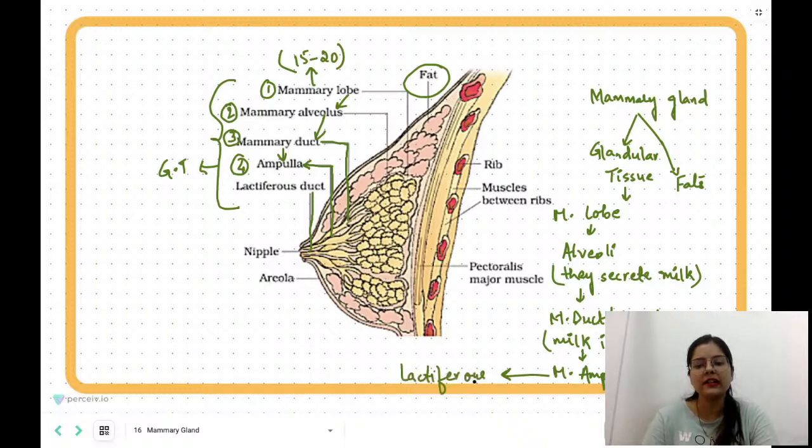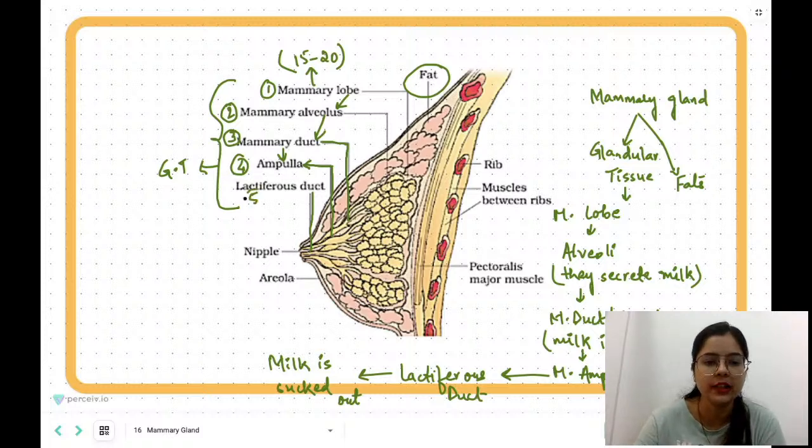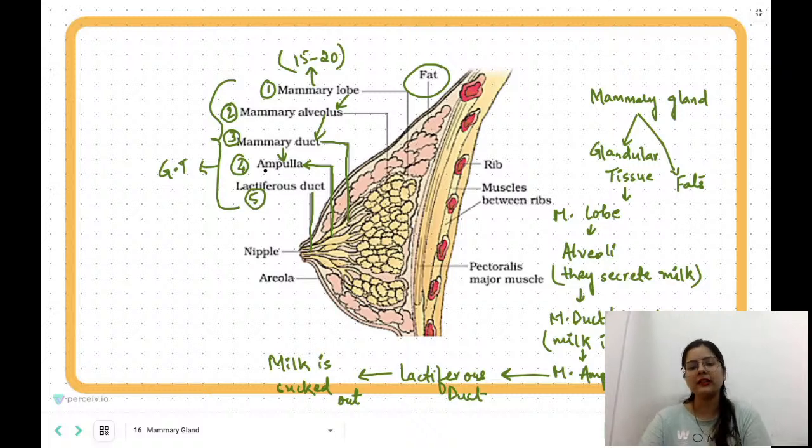Now, the lactiferous duct is important. Why? Because this is the duct through which milk is ultimately sucked by the baby. So this is the fifth component, and this is how the components of the mammary glands occur in succession.